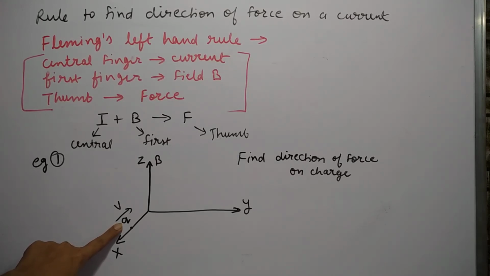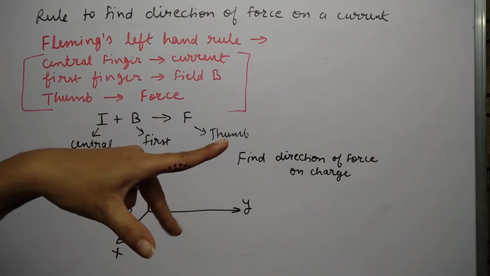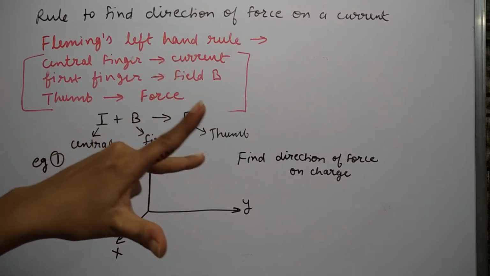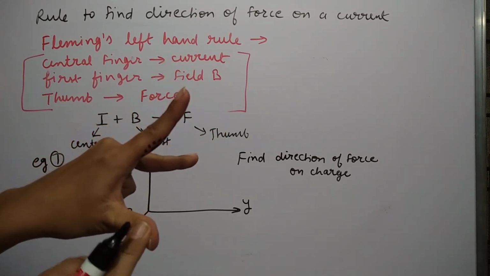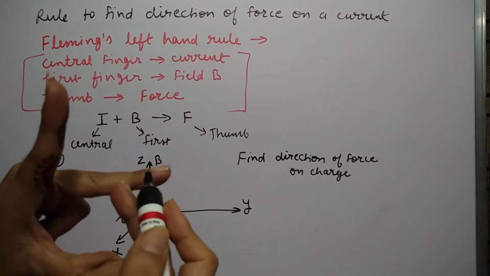So you have to show this velocity in the board. Take your left hand: thumb is force, first finger is field, and the central finger is current.